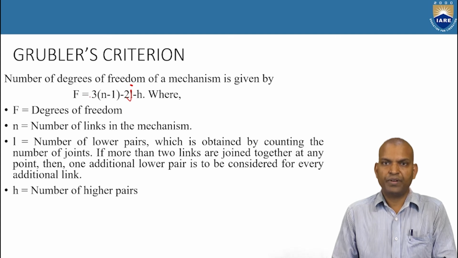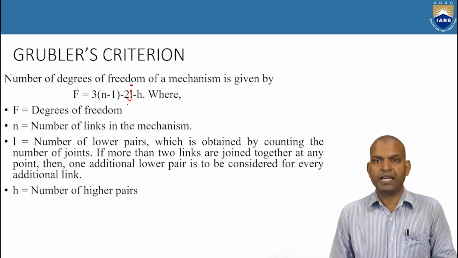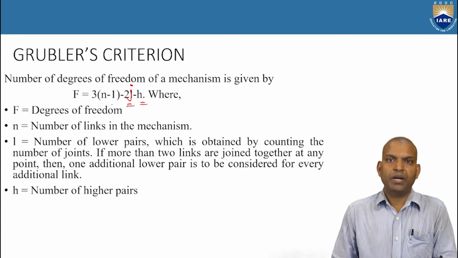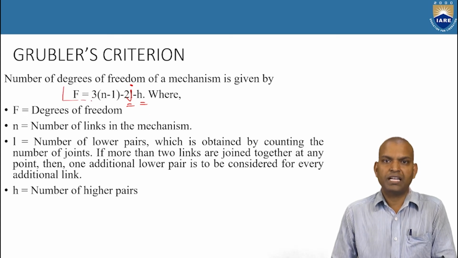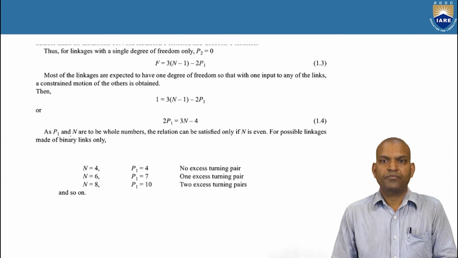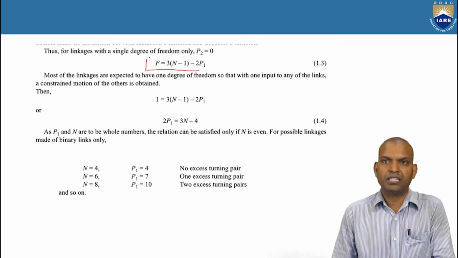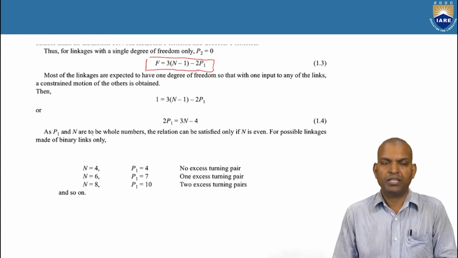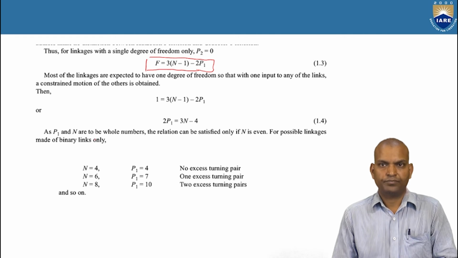F is the degrees of freedom, n is the number of links in the mechanism, j is the number of lower pairs or joints, and h is the number of higher pairs. Grubler's criterion is meant only for plane mechanisms. So we can see how, with h equal to 0, that formula transforms into the single degree of freedom formula, F = 3(n minus 1) minus 2p1.